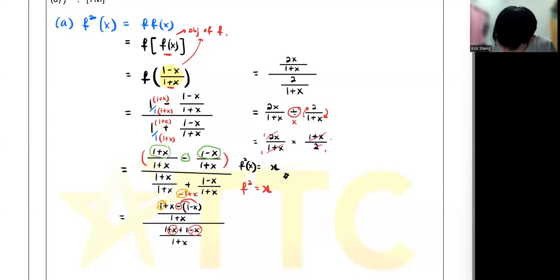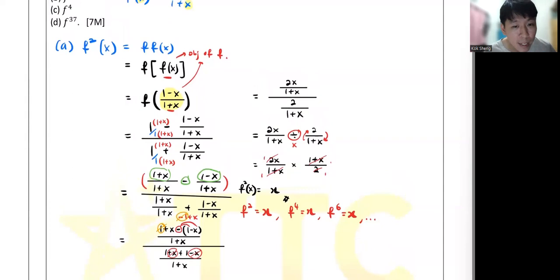So the rest of the powers which are multiples of 2 will be x also. Only x has this benefit. 1 over x, no, only x has this benefit. The rest of the answers cannot. So you can use this benefit to help you solve the rest of the question, B, C, and so on. That's why the working is less for B, C, and so on.